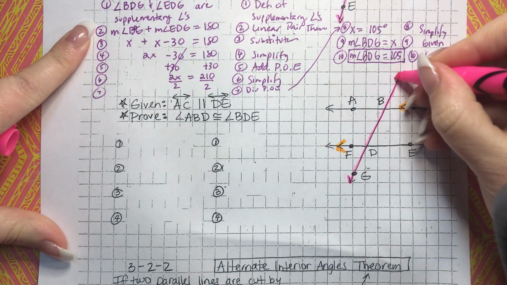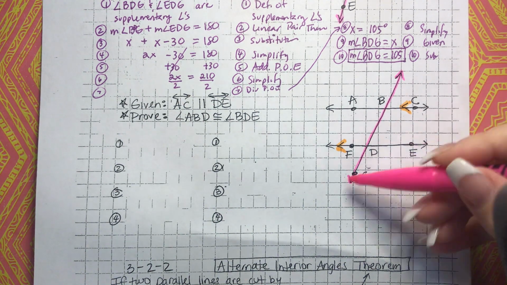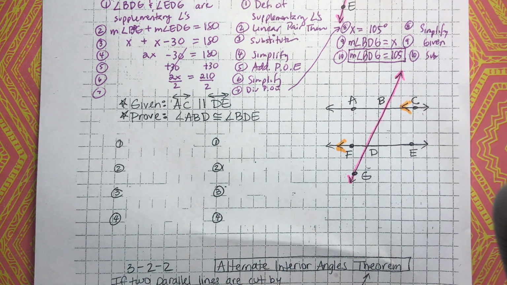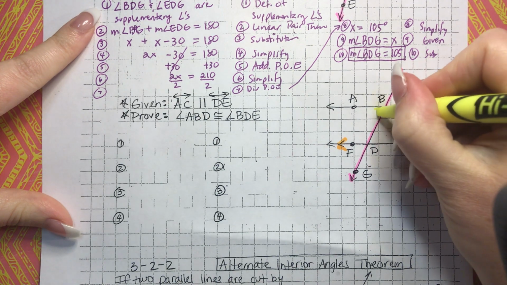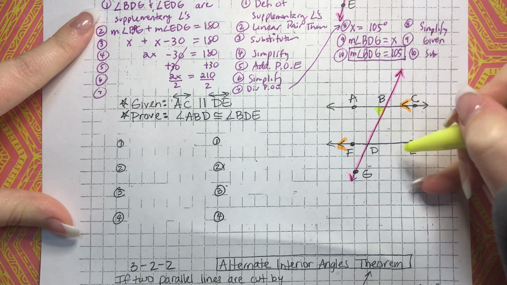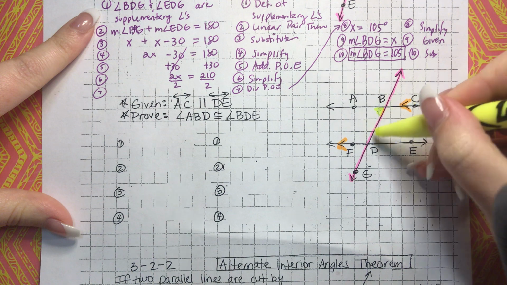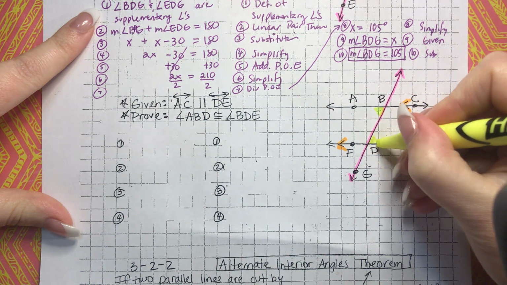So that's really awesome. Whenever we have two parallel lines cut by a transversal, what do we know? We know we can use the corresponding angles postulate. We also know that we can use the alternate exterior angles postulate. So what we need to prove is that angle ABD, this angle right here, is congruent to BDE, this angle right here.